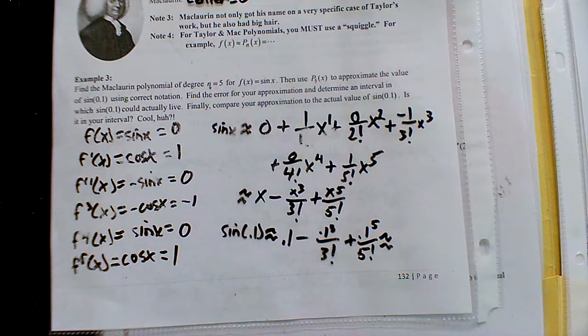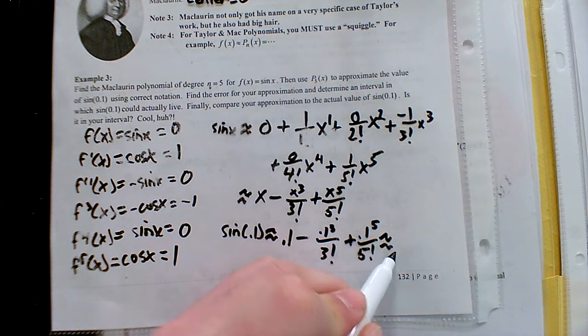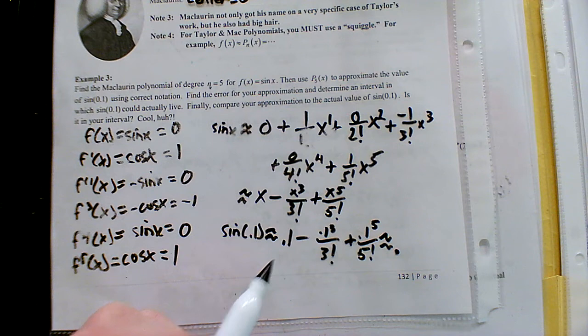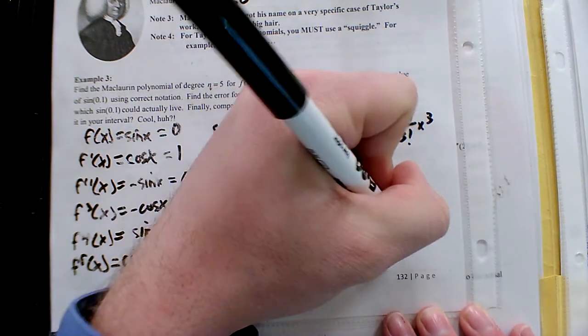Did we get a big long value yet? Up to 10 terms? Alright. What'd you get?